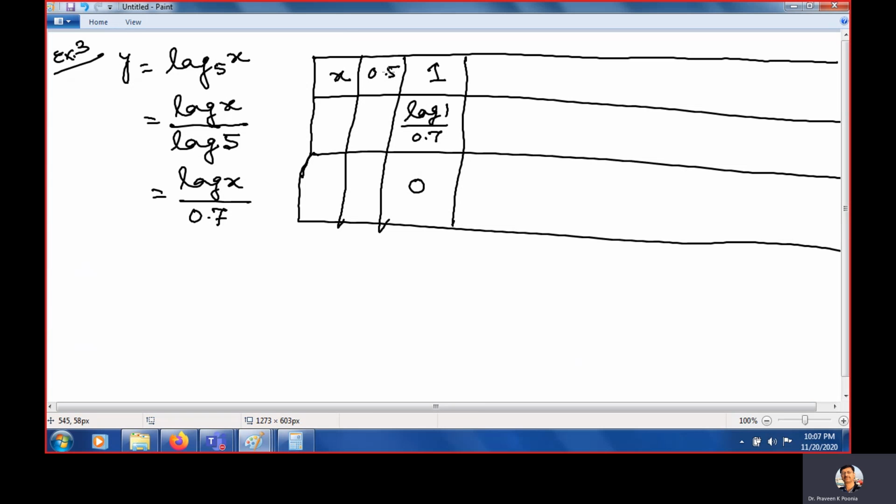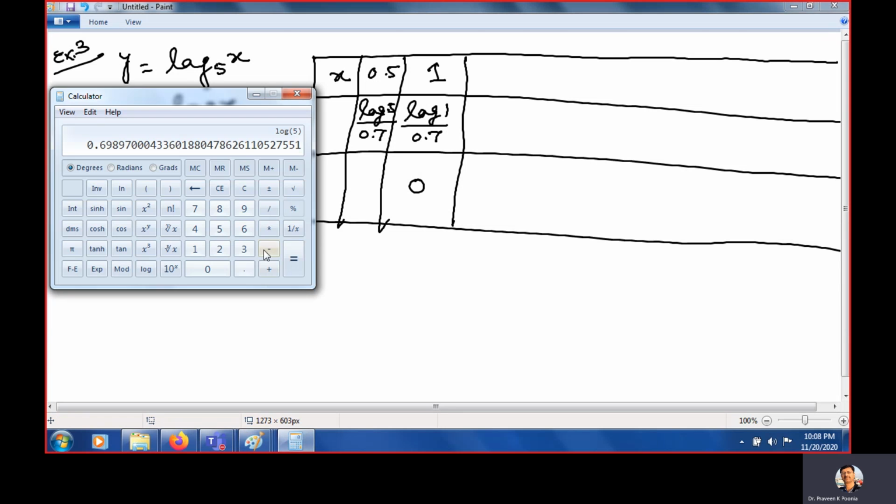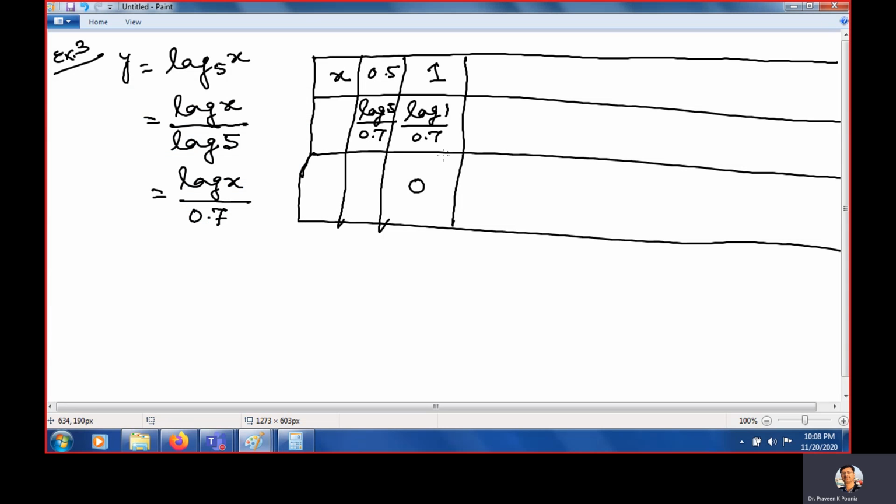It is 0.5. Log 0.5 upon 0.7. So what is log 0.5? If you remember, it was a negative term. Clear? And divide by 0.7. So how much is it? Minus 0.43. So it will be minus 0.4, the value of y.